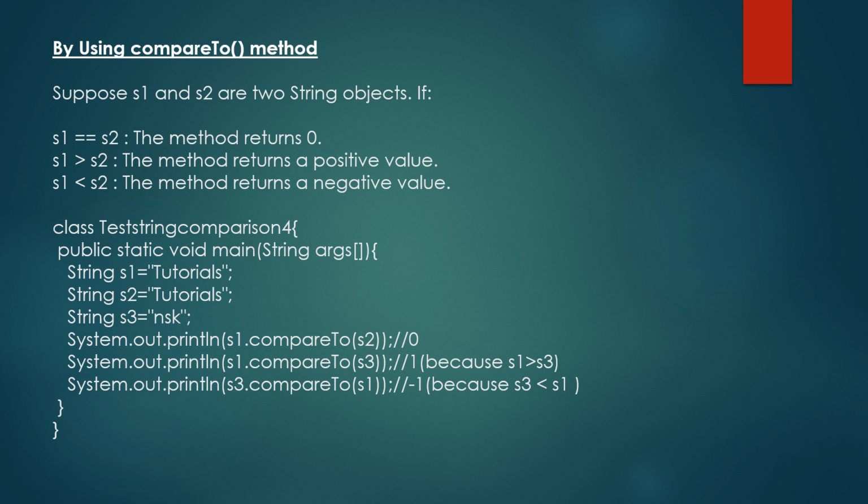When I do the comparison, s1 compared to s2, where s1 is tutorials and s2 is also tutorials, it will return the value as 0. If object 1 is greater than object 2, it will return a positive value. If object 1 is less than object 2, it will return a negative value. Let's see an example here.